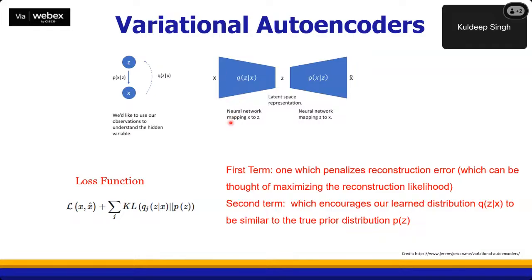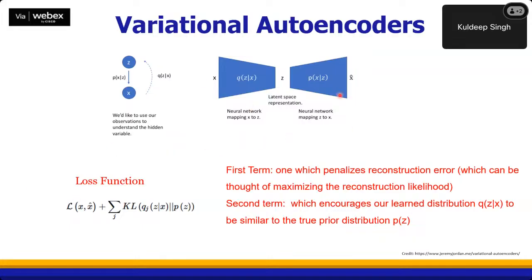So there will be some neural network which is mapping this X to Z. And we can further construct this model into a neural network architecture where we are mapping this Z to X. So basically, from Z to X, we have this distribution P(x given z), and from X to Z, we have this distribution Q(z given x). So we would like to use our observations to understand the hidden variables. This is how it looks.